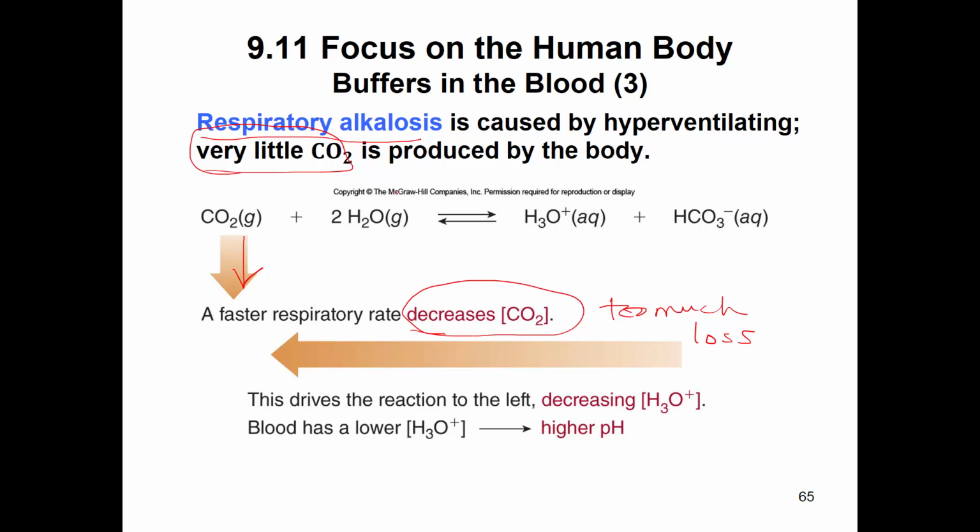If you're decreasing the CO2, that's going to pull this way, which means you're going to have less H3O+, which is going to give you a higher pH because it's going to be on the base side, and that is going to cause what's called respiratory alkalosis. Much more rare than acidosis, but it can be even more life-threatening.